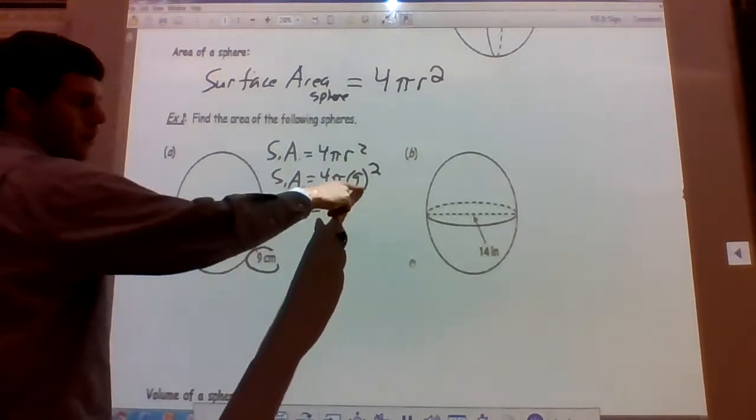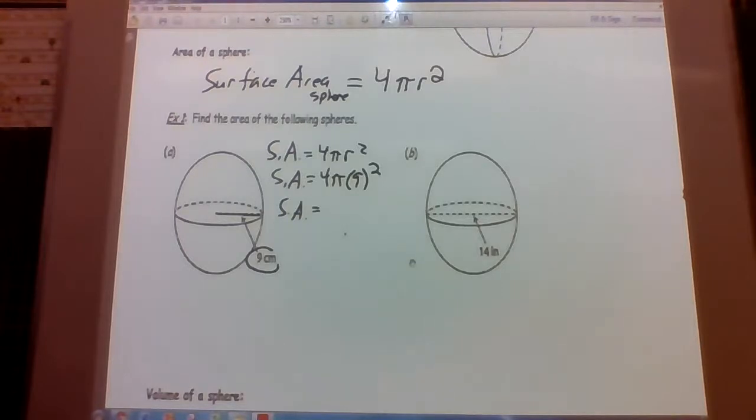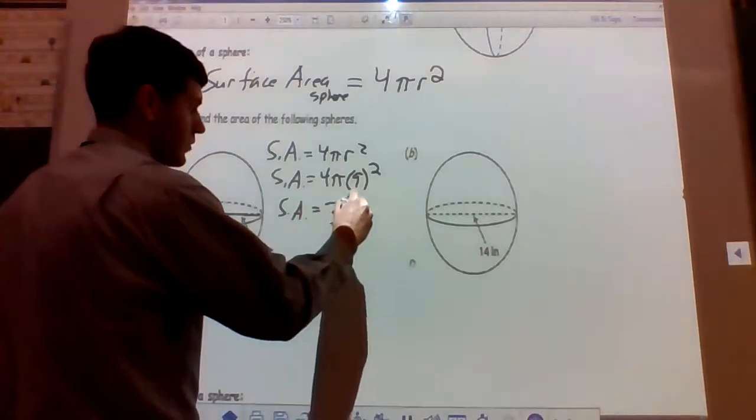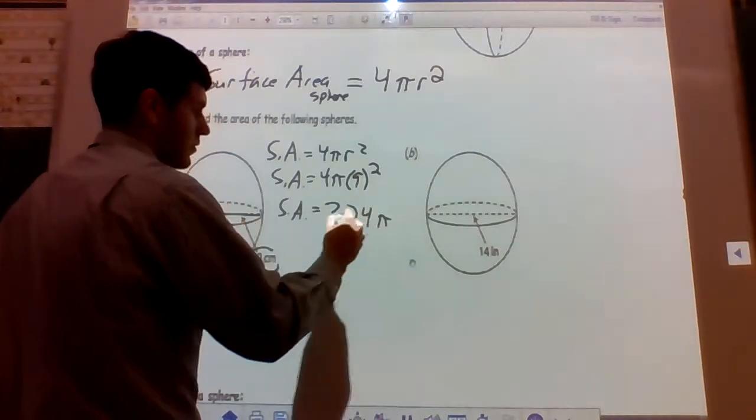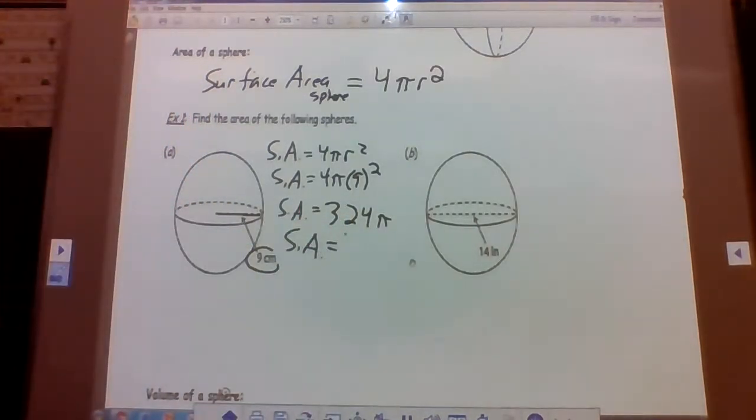That's going to give us 81. 81 times 4 is 324, I'm sorry, 324 pi. Okay, which if we multiply that out, this is the better answer because it's more exact.